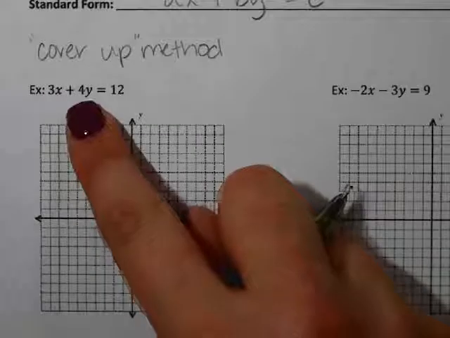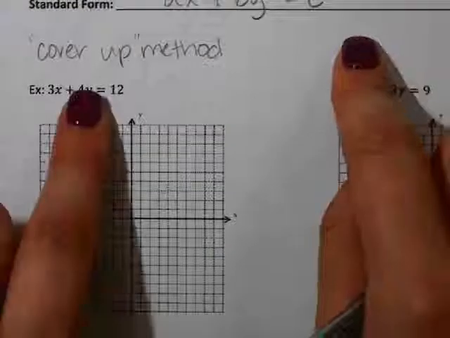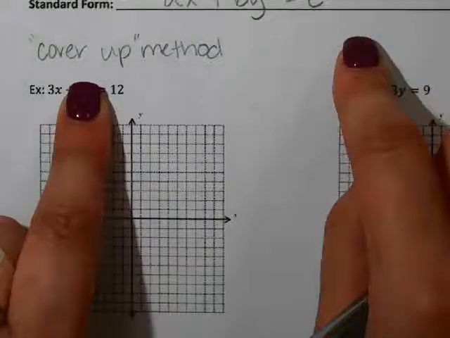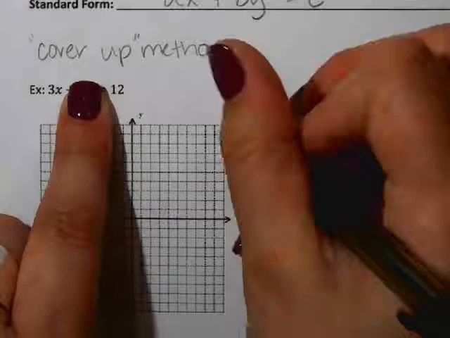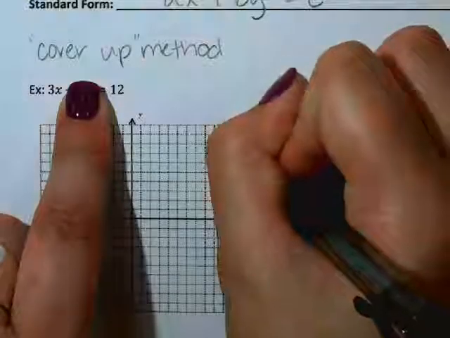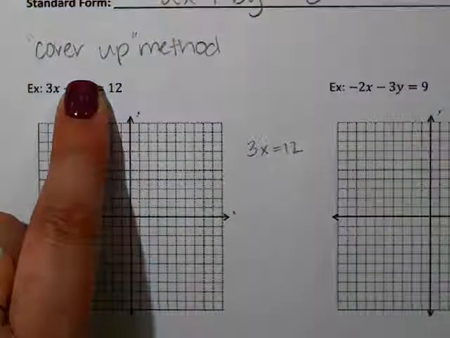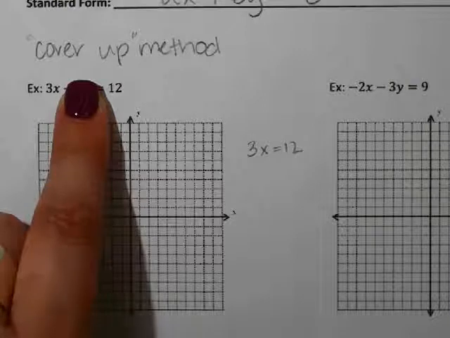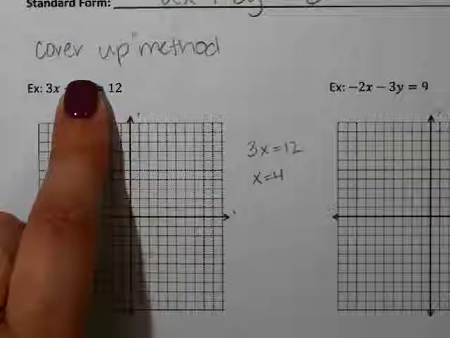So if I plug 0 in for y, then I have 4 times 0 is 0. So I'm going to cover that up because if I'm looking for the x-intercept, the y value is going to go away completely. Okay. So for the x-intercept, I'm going to solve the equation 3x equals 12. And when I solve that equation, what do I get? X equals 4. So that's the x-intercept for that problem.